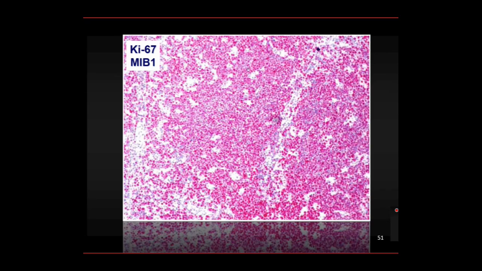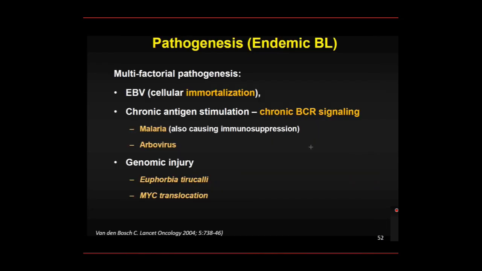Here is the proliferation index. As you can see, I failed to find any single neoplastic cell negative for MYC1. So very incredible. This is a terrific proliferation rate.